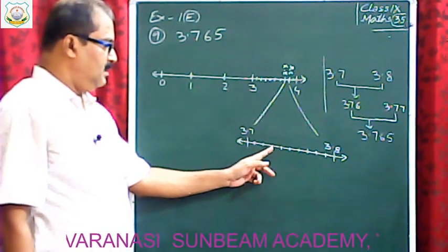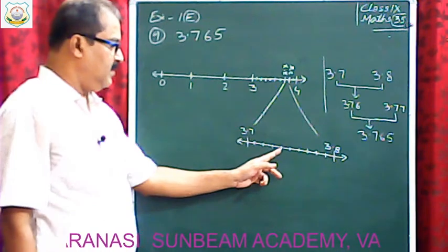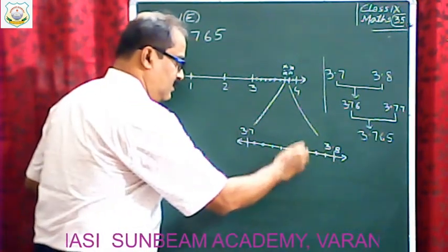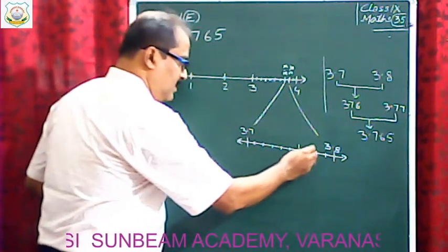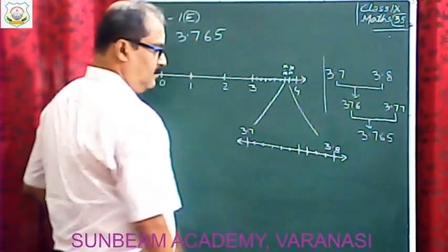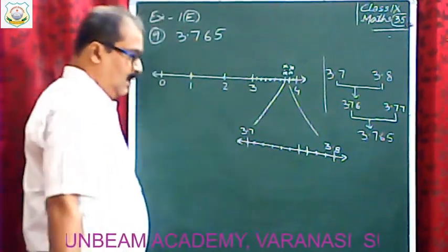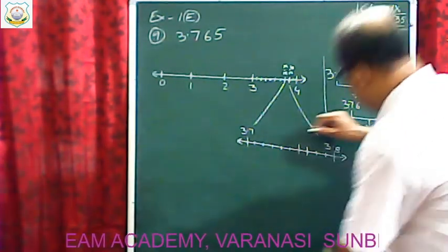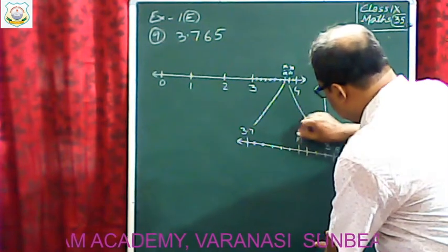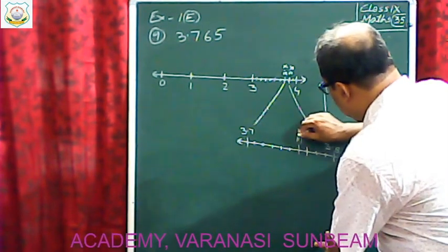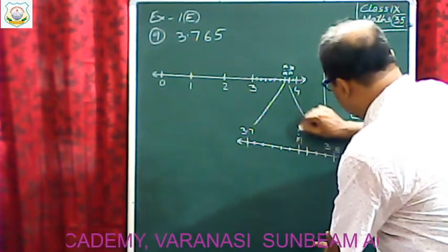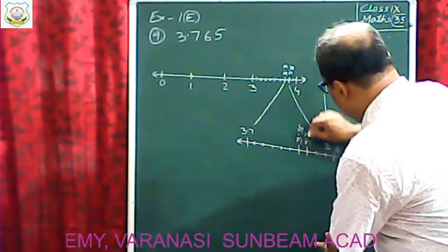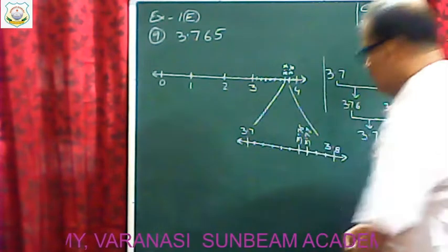Then 3.73, 3.74, 3.75, 3.76 this is, and 3.77. Okay. Again you have to write both the numbers. 3.76, 3.77.